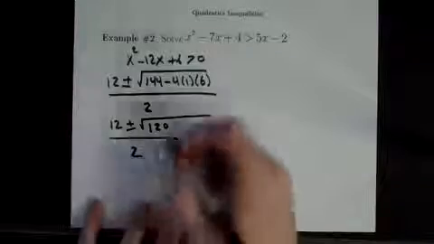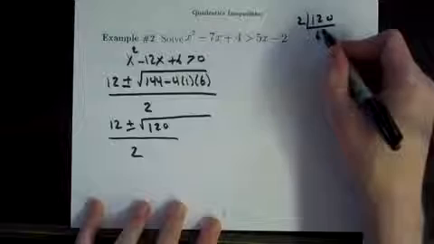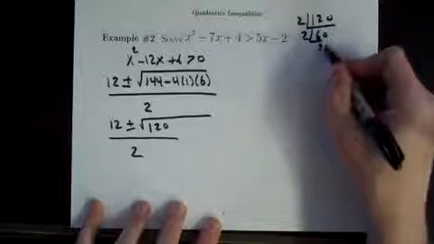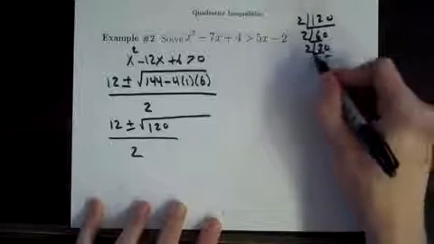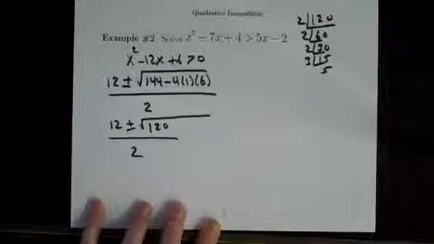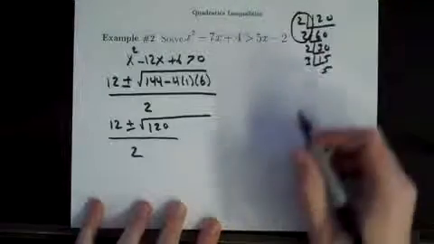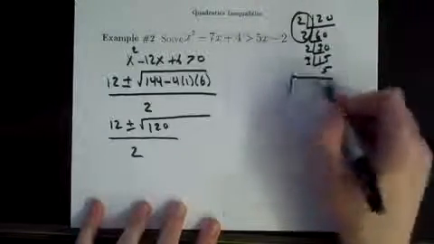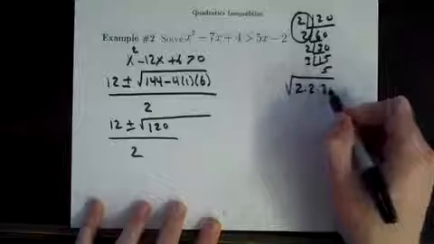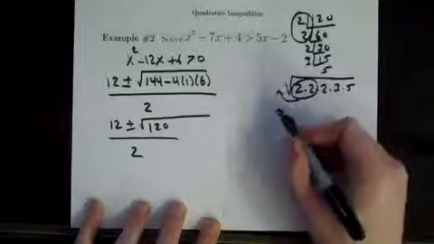Now 120 does simplify, so let's do that up here. 2 times 2 times 2 times 3 times 5. So these 2's can be simplified. If you think of it like this, guys, these two 2's can come on the outside.